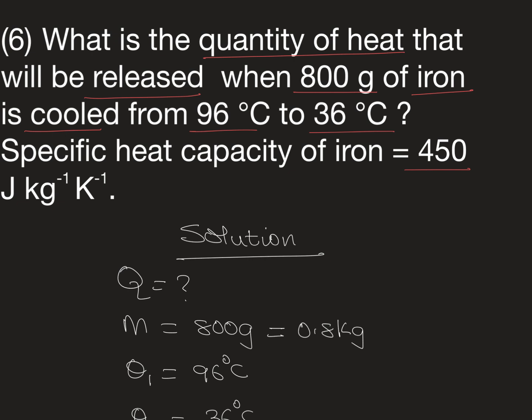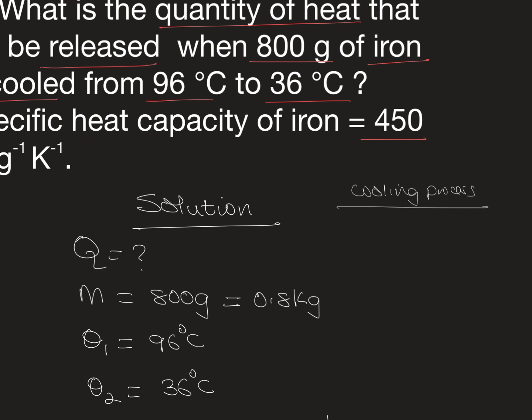But if the object is acquiring heat, or heat is supplied to the object, then the change in temperature, delta theta, will be equal to theta 2 minus theta 1. So to write that down, for a cooling process, that is when heat is allowed to be removed from the object, delta theta is equal to theta 1 minus theta 2. That is the initial temperature minus the final temperature.